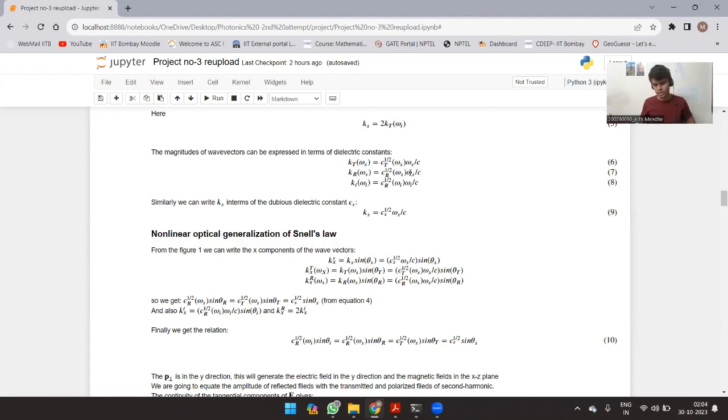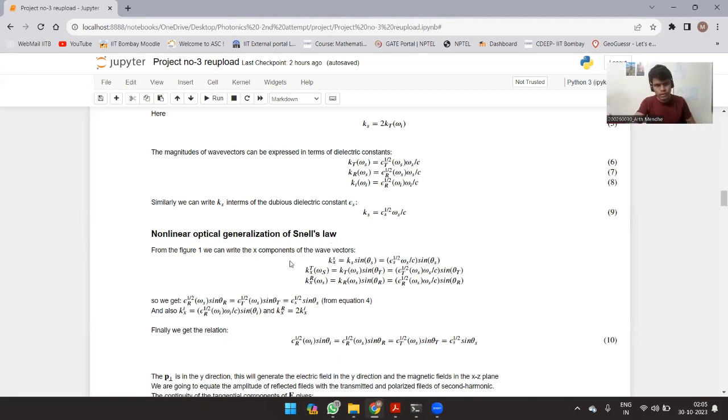But mu can be written as c naught by c, which itself can be written as under root of mu epsilon upon epsilon naught mu naught. So you see, epsilon to the power half is proportional to sine theta.